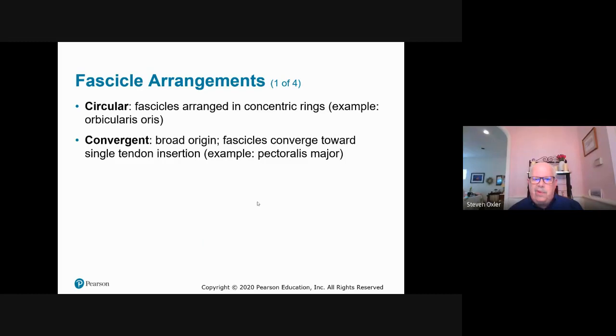Convergent. Convergent is a very broad arrangement. And the most common convergent muscle in your body is the pectoralis major, which is right here in your anterior chest, a very large muscle.